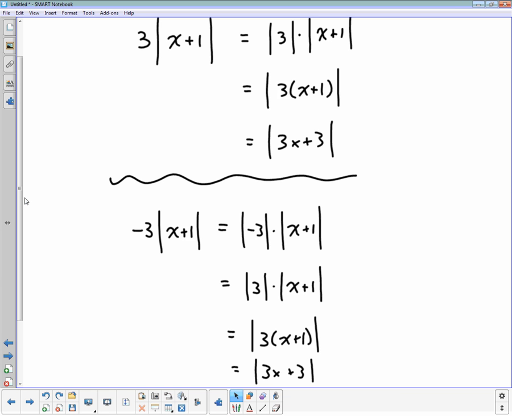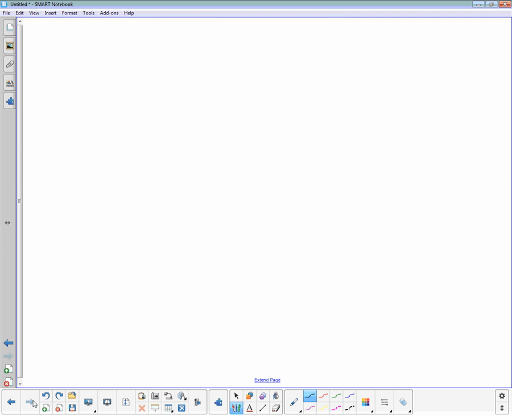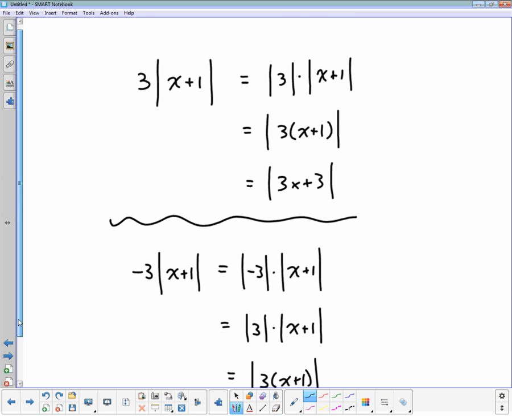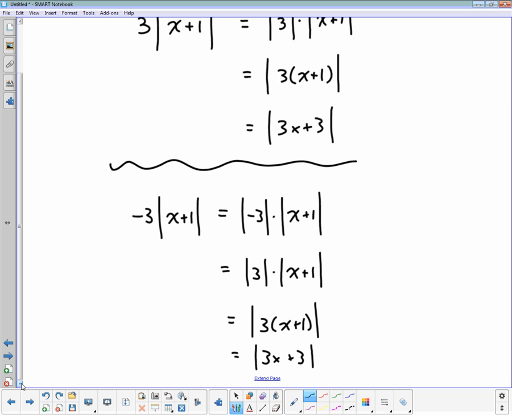Now this is said about going in reverse. If you want, I'm afraid to talk about constants and absolute value, but you can.